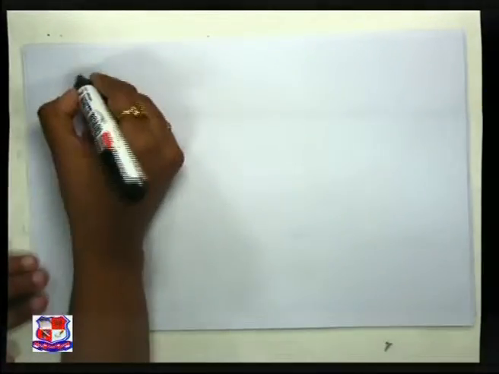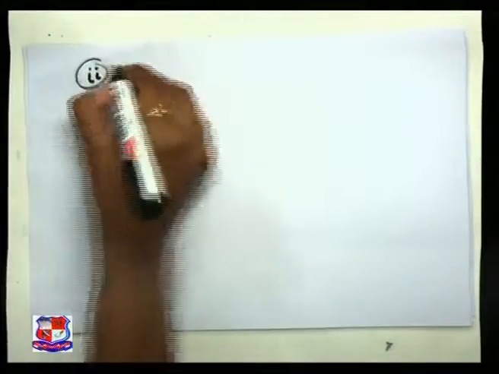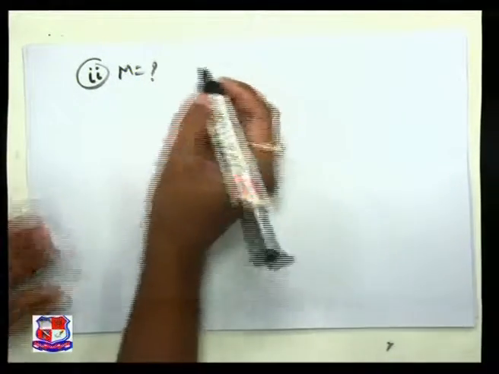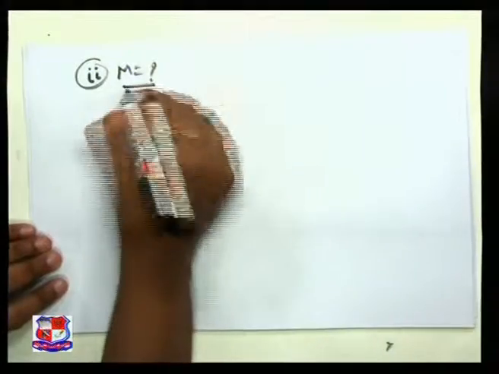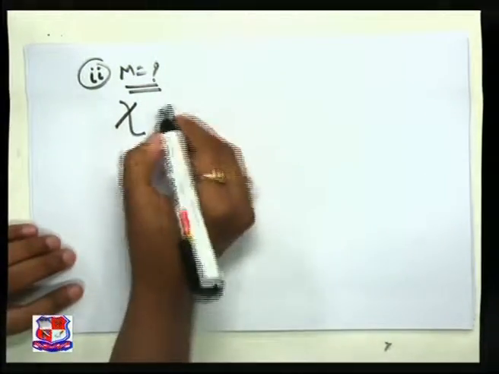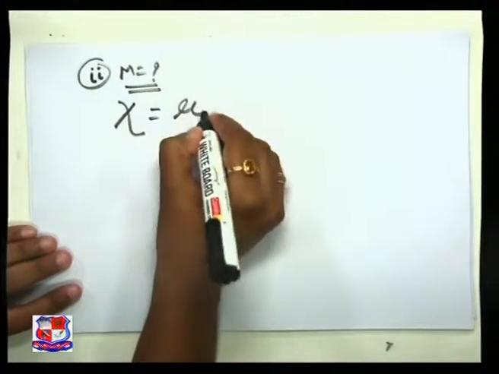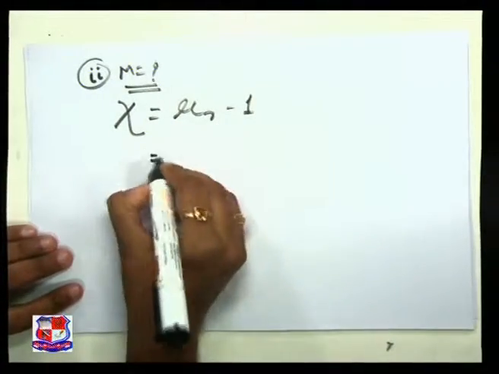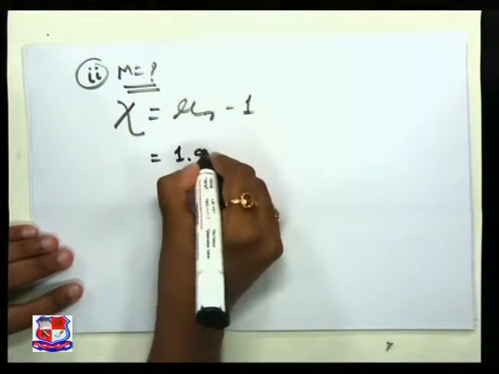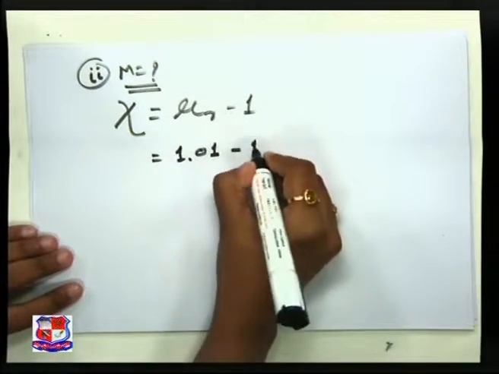For the second part, we should find M. In order to find the magnetization, we can use another equation of chi: chi is equal to mu R minus 1. We are given that mu R is 1.01, so chi is 0.01.